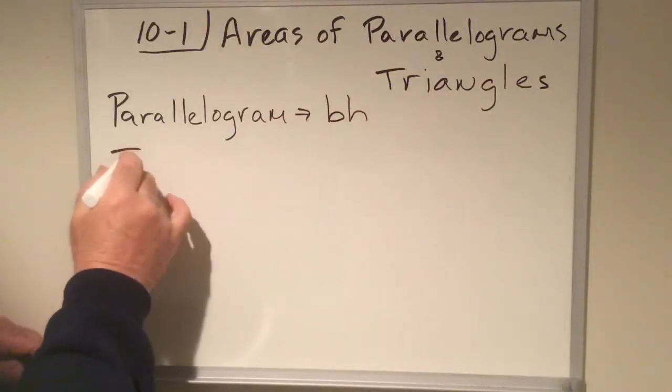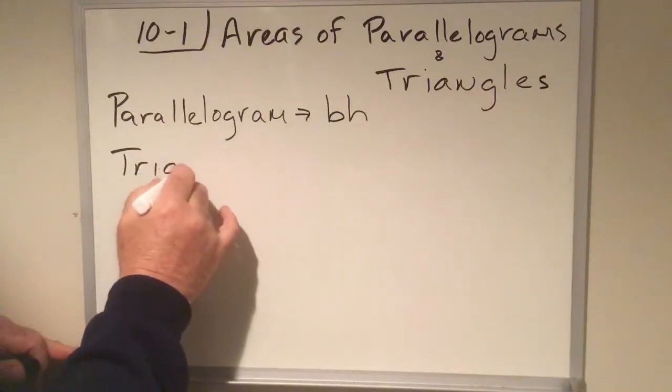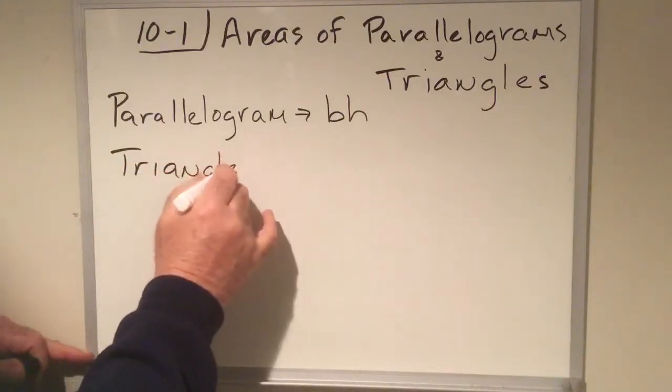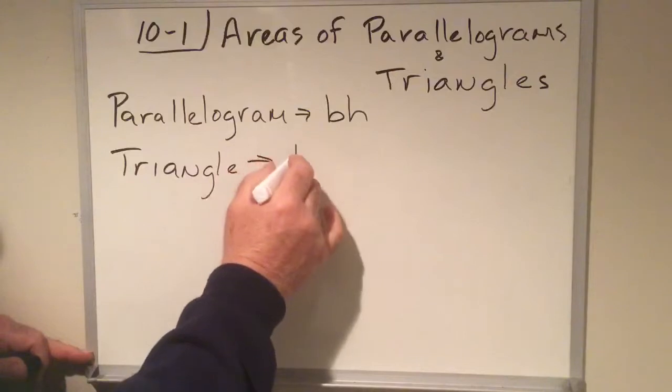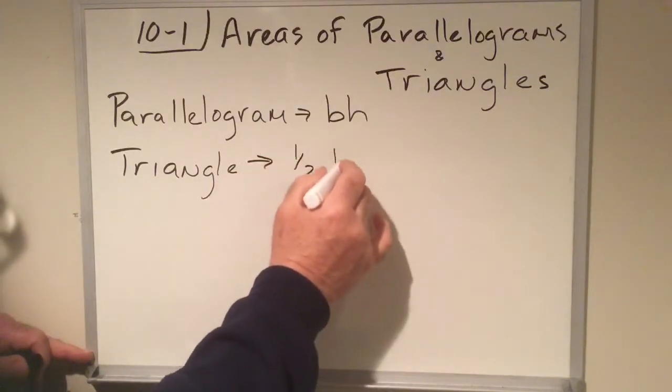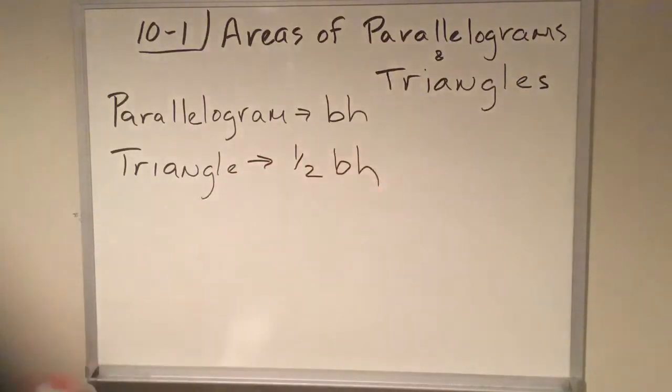To find the area of a triangle, it's half base times height. So there's your rules, and we're going to apply it, and we'll show what we're talking about with regard to base and height.